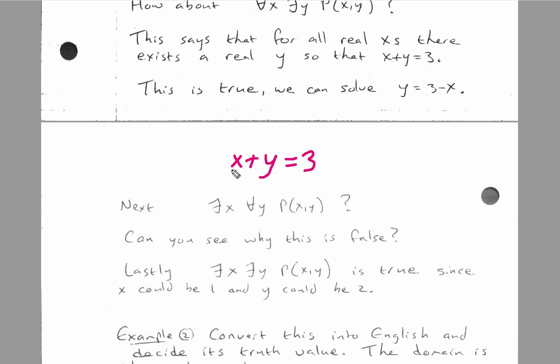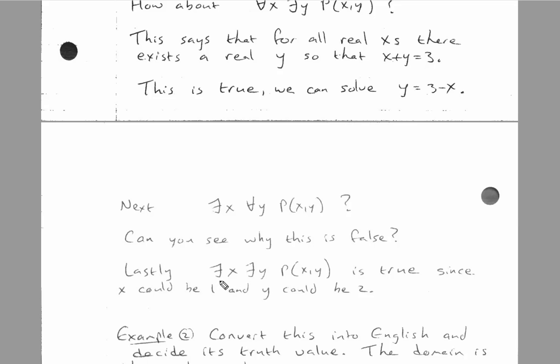No, that's not going to work. If x is, say, 1, then y could be 2, but for all numbers except for 2, it's not going to be true. So this one's false.